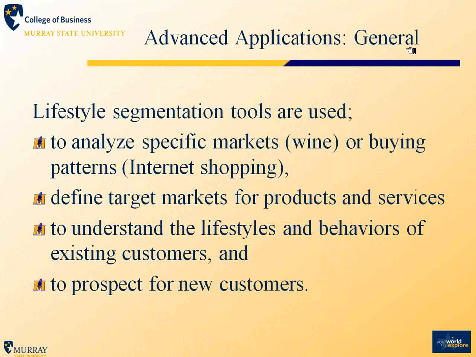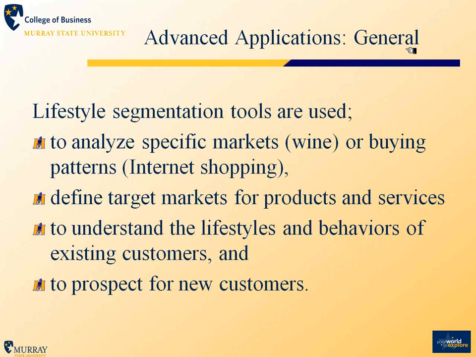So that will be your work with Meiers Home Furnishings as you work with other Business GIS applications to extend what you've done here. There are a variety of different ways in which lifestyle segmentation tools are used, some of them more specific to particular industries or buying patterns, but you can also use them centered around groups for particular goods or services.